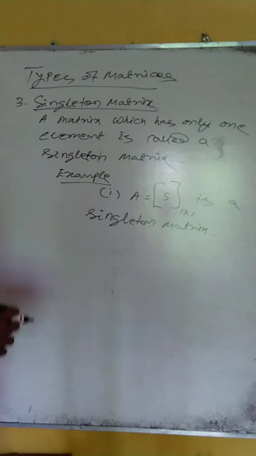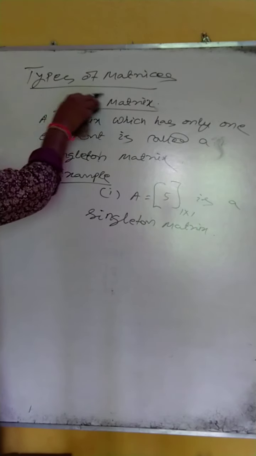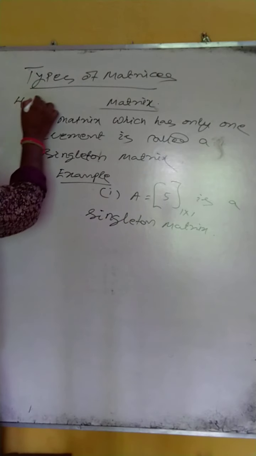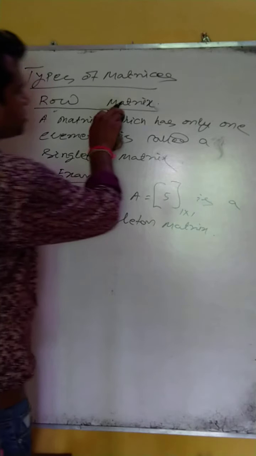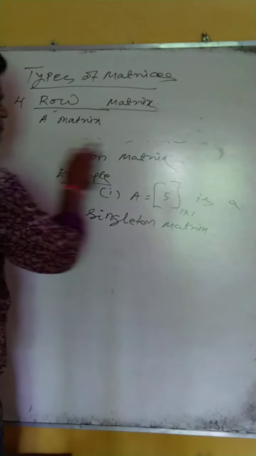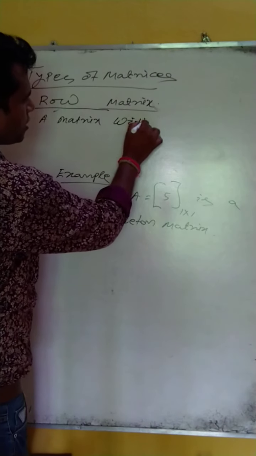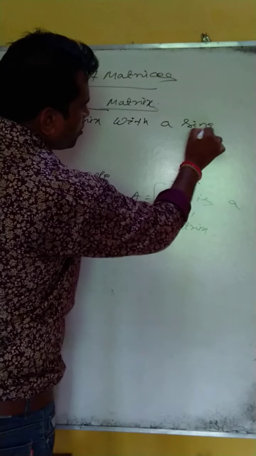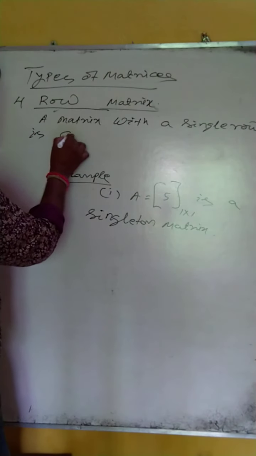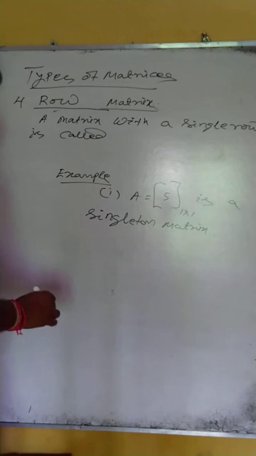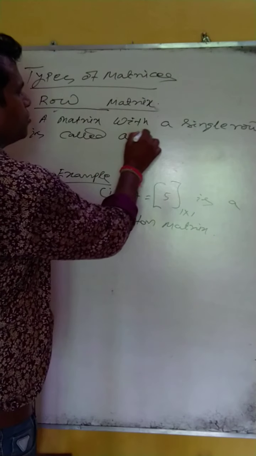Next, we discuss row matrix. A matrix with a single row is called a row matrix.